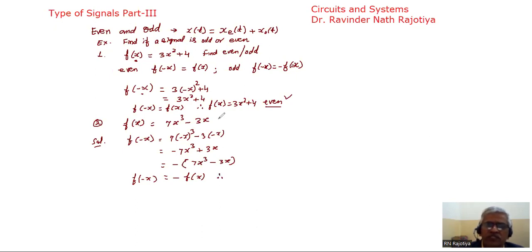Therefore, this signal is odd. Therefore, 7x^3 - 3x is an odd signal. So I hope this clarifies what exactly an odd signal and an even signal is.